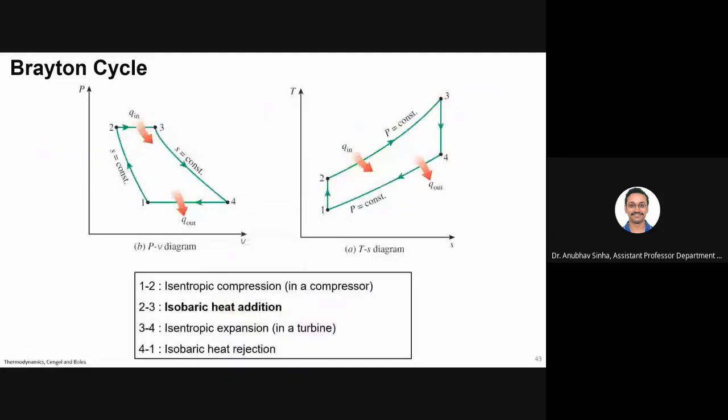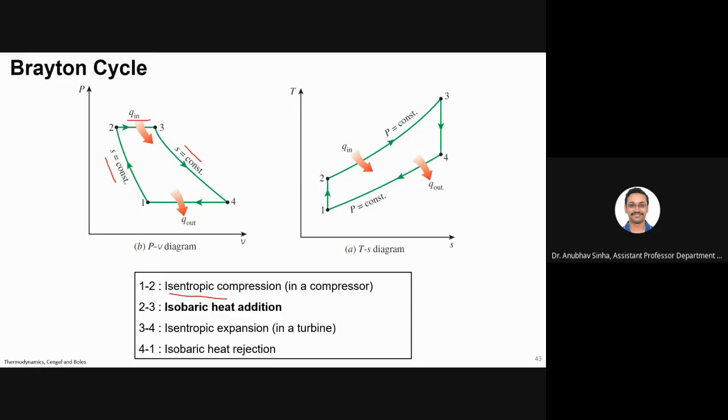Now let us look at the cycle. As I mentioned, all the cycles, if I remember correctly, have constant entropy compression and expansion. Let us look step by step. The first step is isentropic compression, 1 to 2, inside the compressor, as we have seen in the last slide.